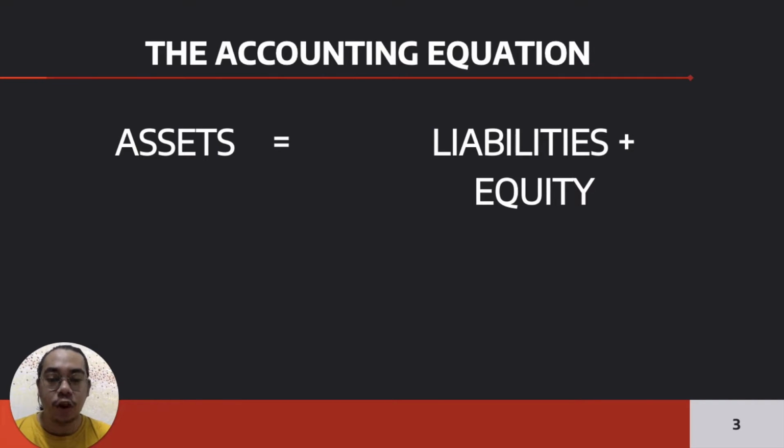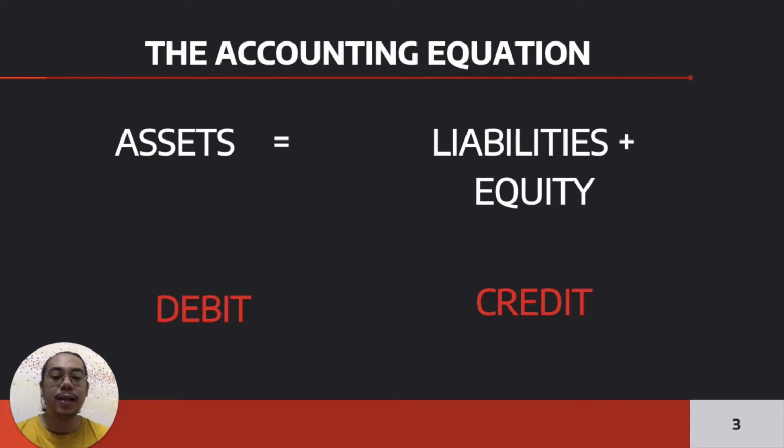This equation should always be equal at all times. And if you observe, it is very important na merong two sides yung accounting equation because it represents debit and credit. Meaning, yung assets, ang normal balance niya ay debit, while ang liabilities, ang normal balance niya ay credit.